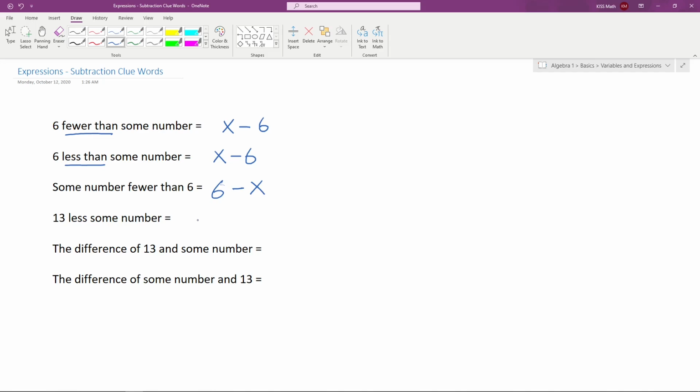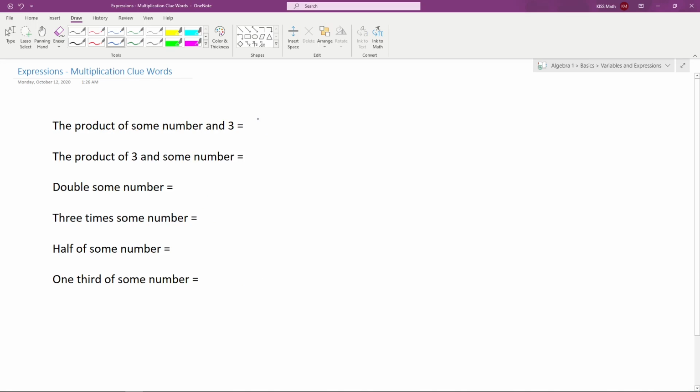And that can be just read as 13 minus some number and written as 13 minus x. The difference of 13 and some number, we can also write that as 13 minus x. And the difference of some number and 13, well, that would be x minus 13. Again, with subtraction, the order does matter, and these two do not have the same meaning. So the clue words for subtraction are fewer than, less a number, and difference.